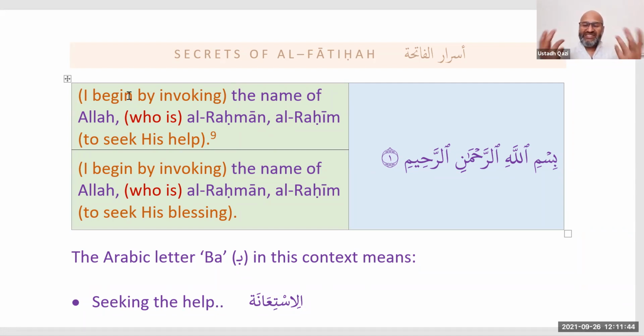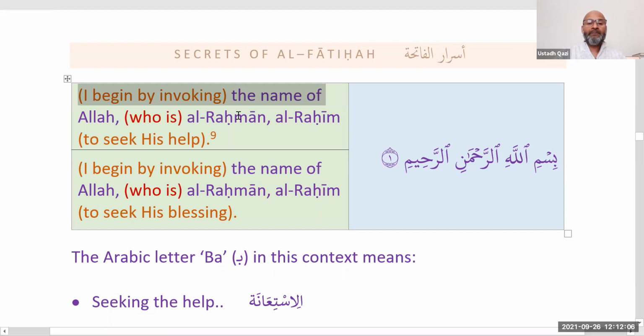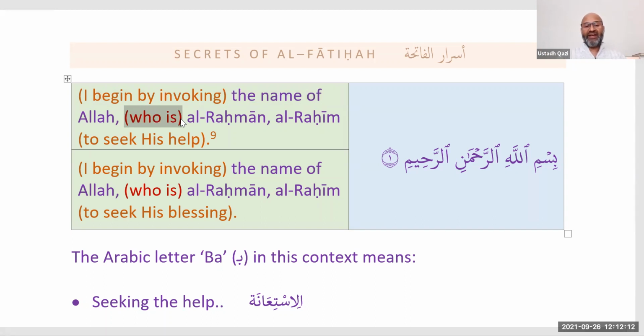So what we see and what we don't see. That's why you need a tafsir of the Quran, because there's a lot of stuff that you don't see written. So there are two interpretations of Bismillahir Rahmanir Rahim. The first is I begin by invoking the name of Allah, who is ar-Rahman and ar-Rahim.